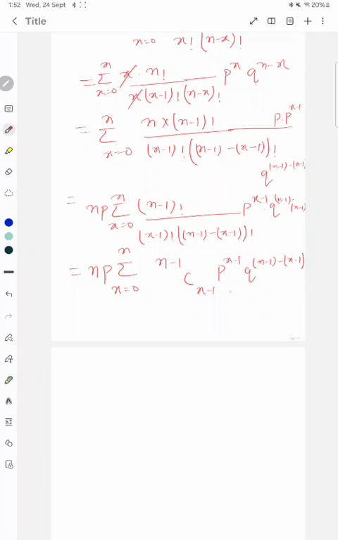And when we use the binomial expansion formulas, then p is considered as a and q is considered as b. Then (p + q)^(n minus 1).